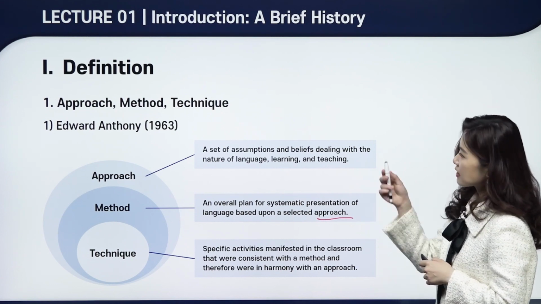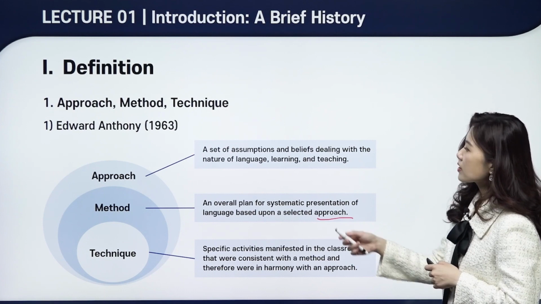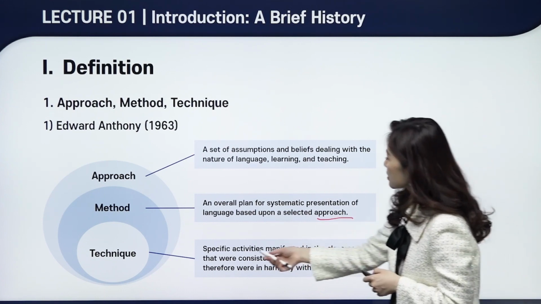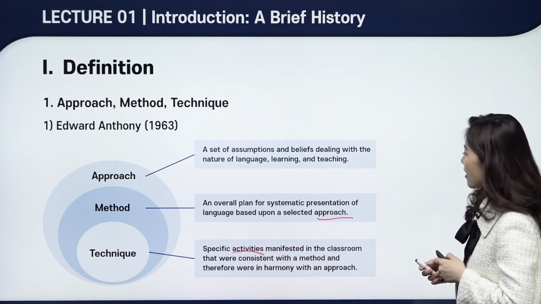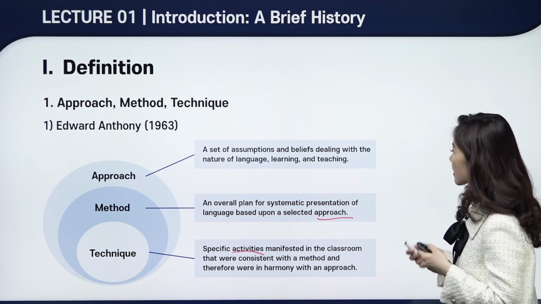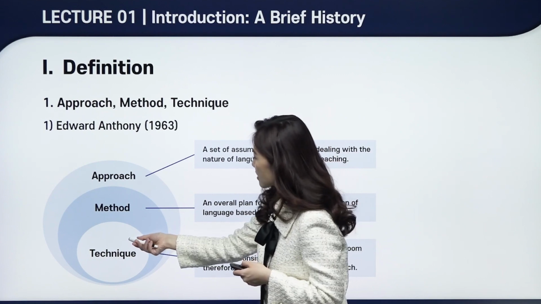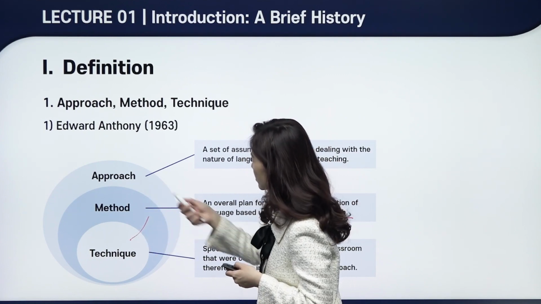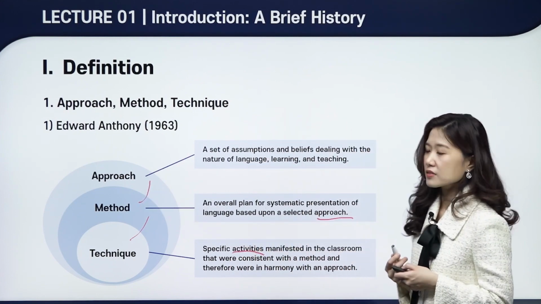So after you have selected approach, you select a method, and within method, there are different techniques. These are specific activities that are manifested in the classroom and are consistent with the method, and therefore are in harmony with the approach as well. So the technique is in harmony with method, and the method is also in harmony with the approach that you have chosen.